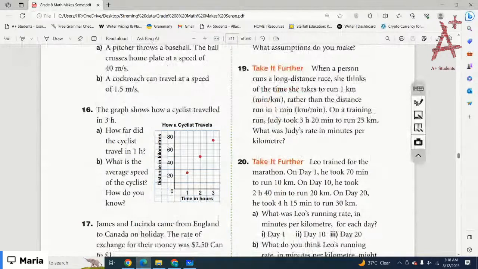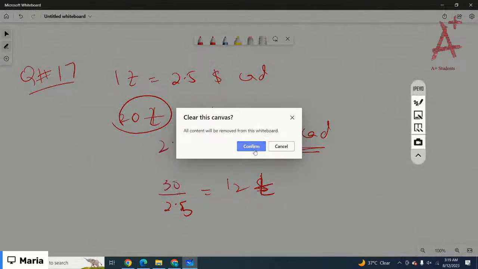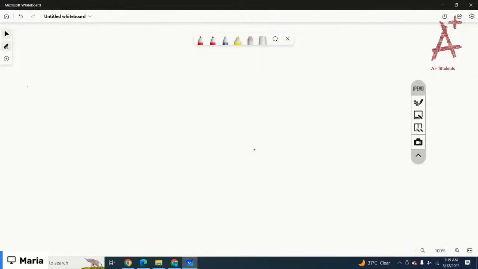What is Judy's rate in minutes per kilometer? So you have to write down the rate in minutes per kilometer, right? So 3 hours 20 minutes to run 25 kilometers.